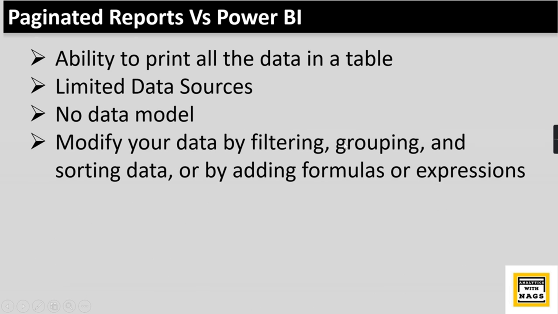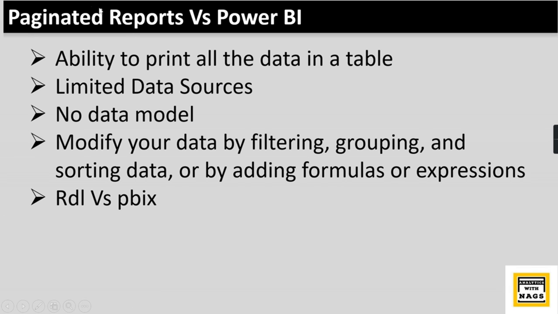And you modify your data filtering and grouping by adding formulas or expressions. In the case of paginated reports, there is no concept of DAX or some kind of querying. We will call them formulas or expressions, right? So this is how it is different from Power BI reports.